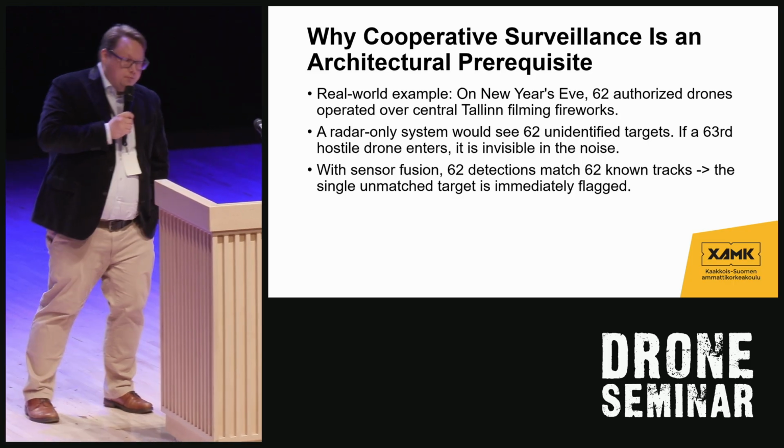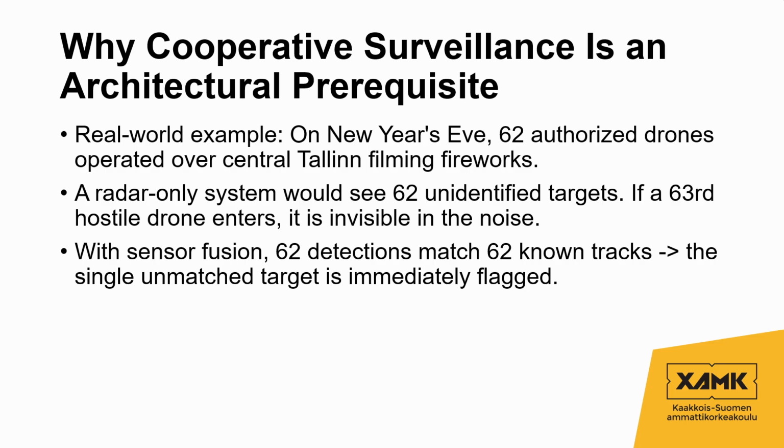There is one example from Estonia. On New Year's Eve, 62 authorized drones operated over Tallinn to film fireworks. These are drones that send a remote ID signal. If you had only radar, you would have seen only 62 unidentified targets in the air. And if there was one more drone, a hostile drone entering the airspace, it would be very difficult to separate which of these drones is actually a big risk for the city.